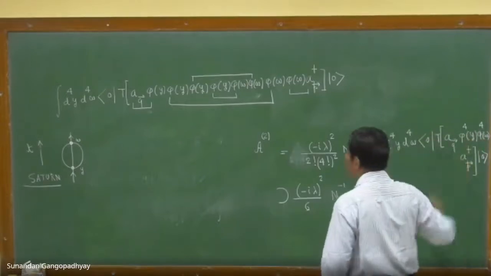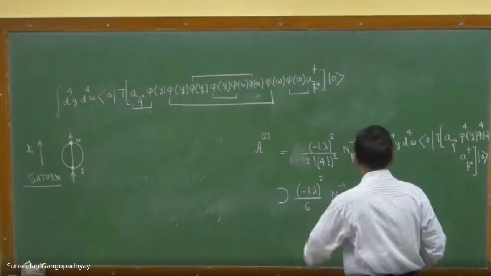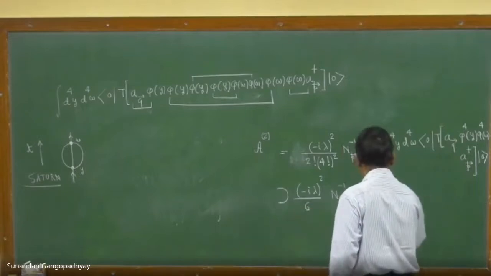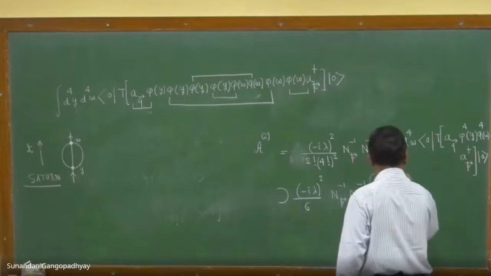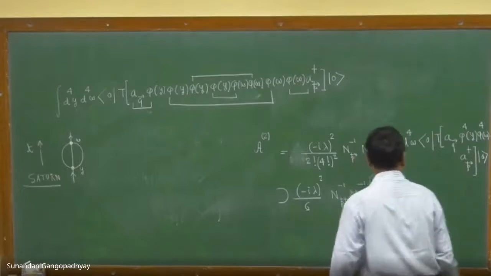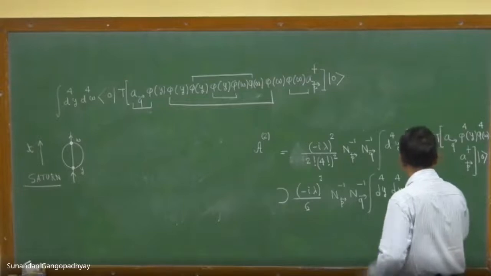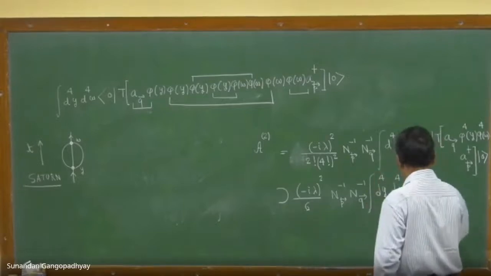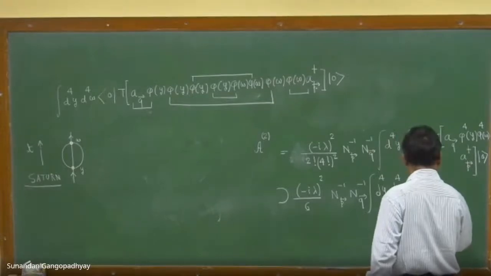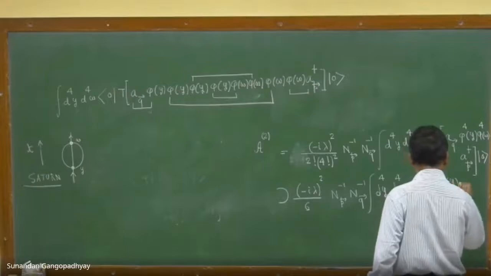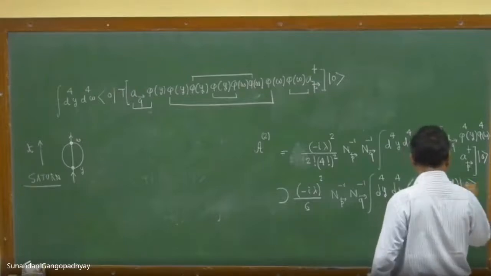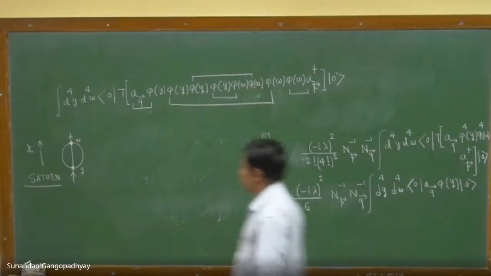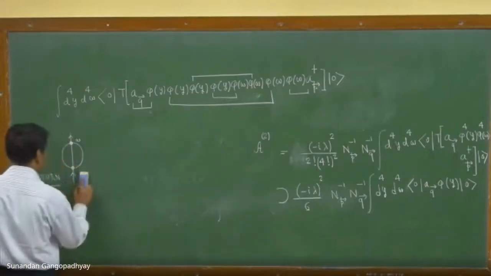We have already taken care of the factor of 6. We have taken that part out. Therefore, what we shall have now is, y and w are now irrelevant.